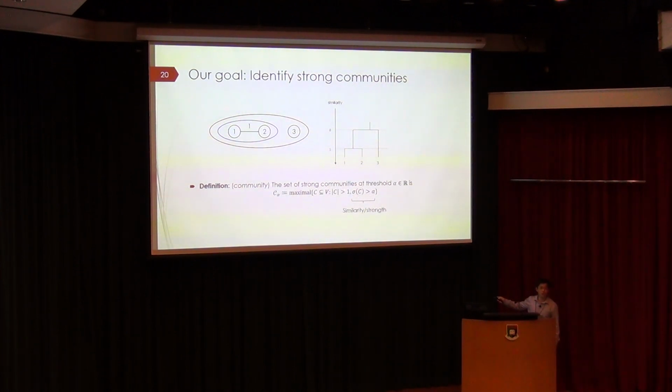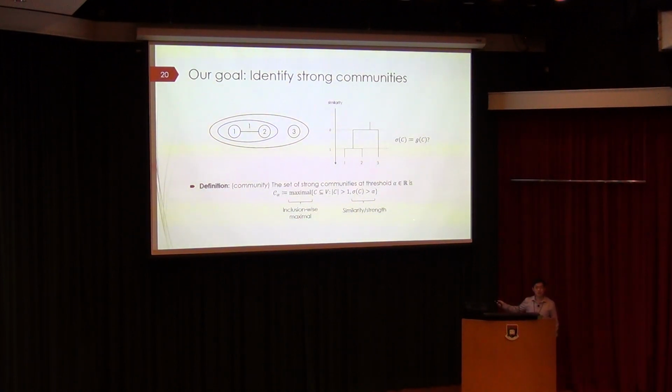Sigma of C, I'm going to define later, and it corresponds to a measure of strength for the subset C. So this is just trying to find all the sets that have strictly larger strength than alpha. But then I have one more term, maximal, which corresponds to inclusion-wise maximal. Why do I need this term? Because if I don't have it, there will be too many solutions, and then the problem is not polynomial time solvable. So I impose this term to make things simple.